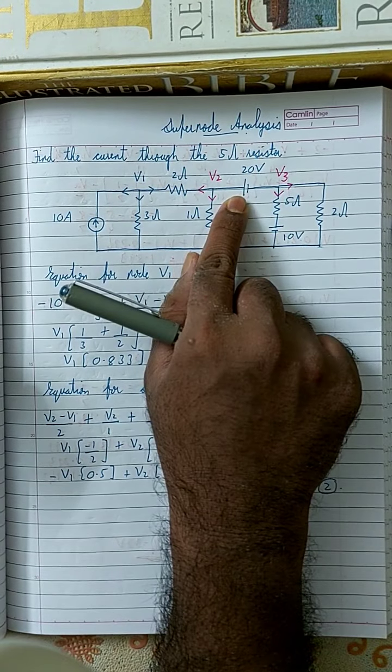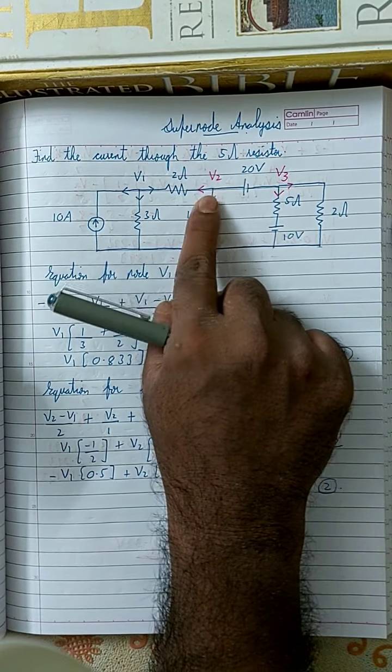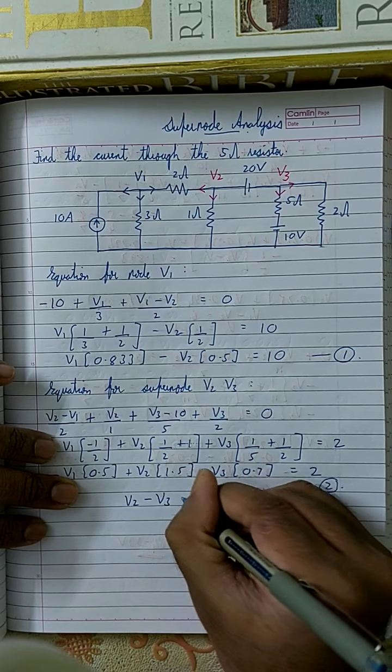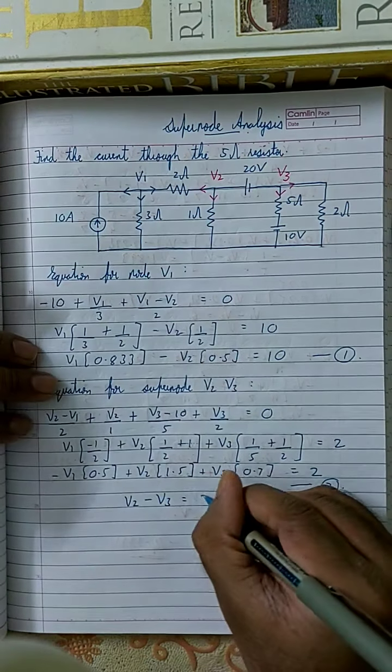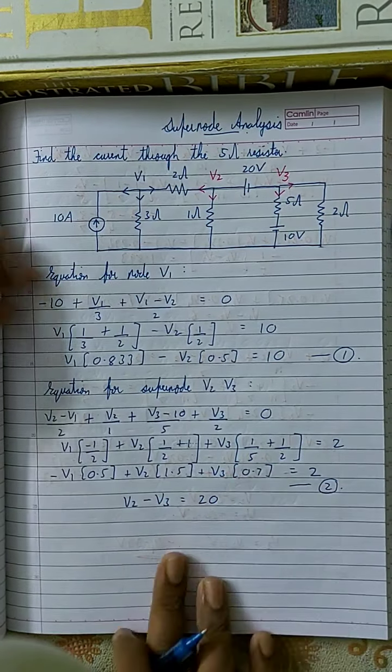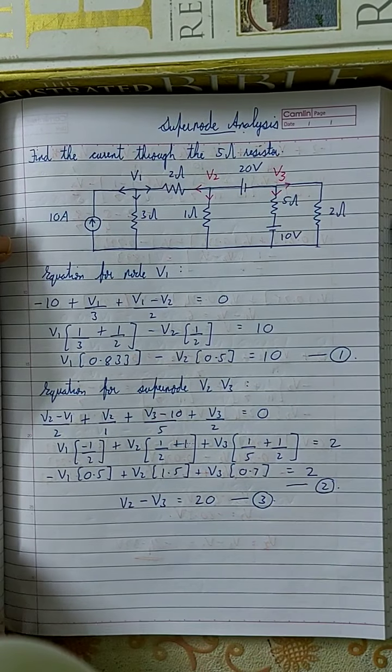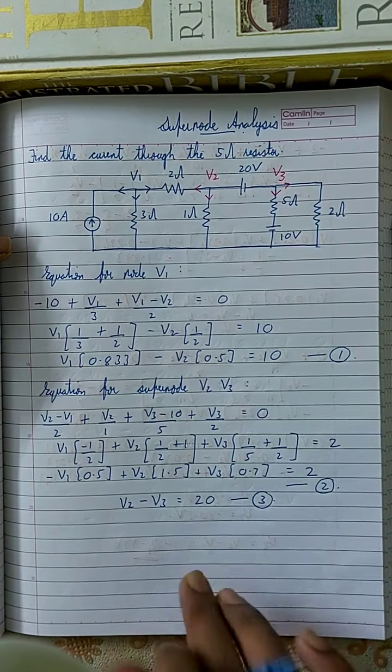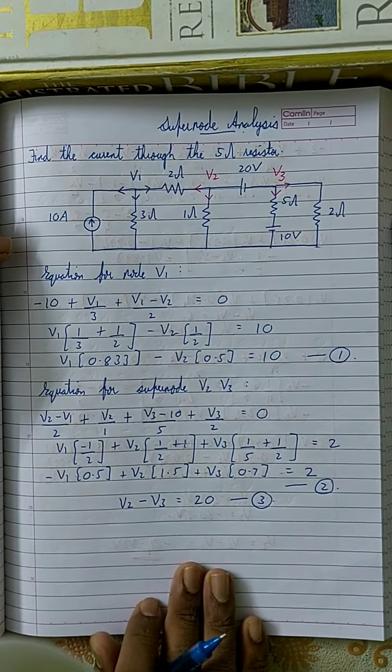You see, this positive terminal is connected to V2 and this negative terminal is connected to V3, which means the equation is V2 minus V3 is equal to 20. There. This is the other equation. That's it. There you have it. The 3 equations, right? Solve these 3 equations and you can find any value you want.